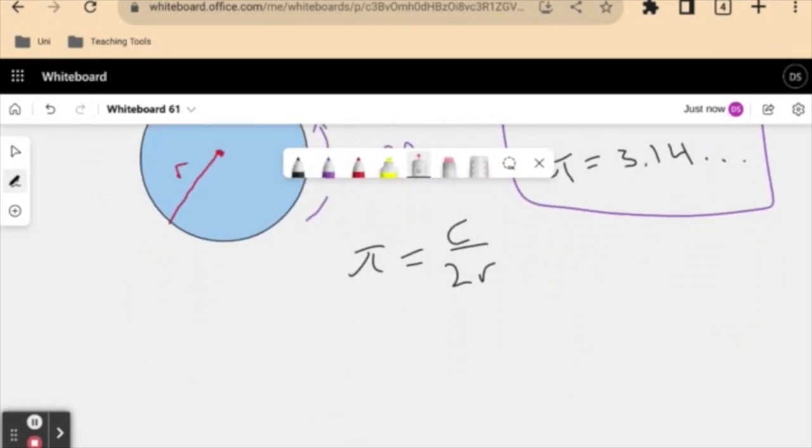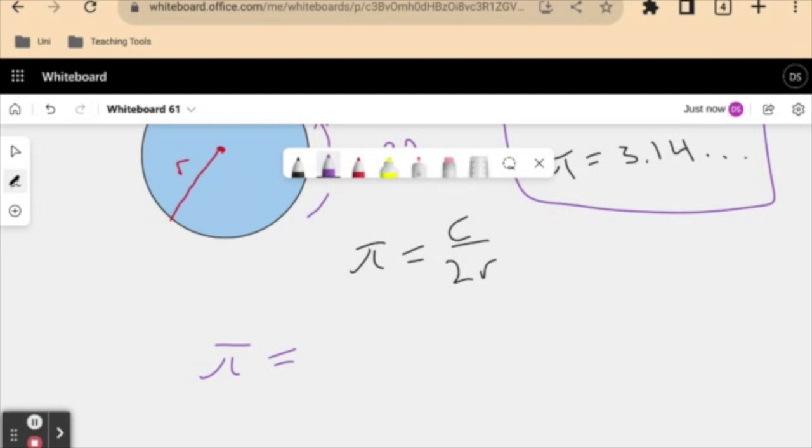Now, let me actually just rewrite this first. Pi equals our circumference here of 32 meters on top of 2 lots of r, which we don't know. Now, because we don't know this, we want to change our equation up. We want to solve for r here. So we can multiply both sides by 2 lots of r, and that will clear this fraction on the right-hand side.